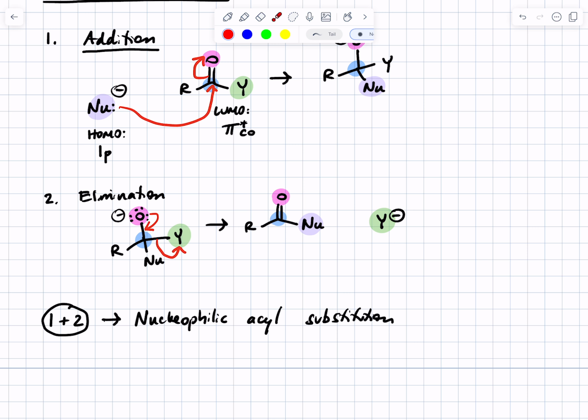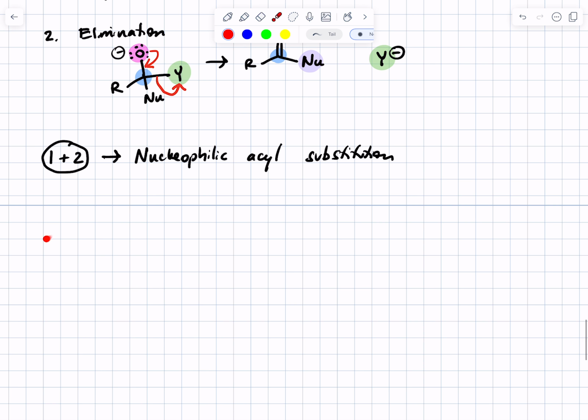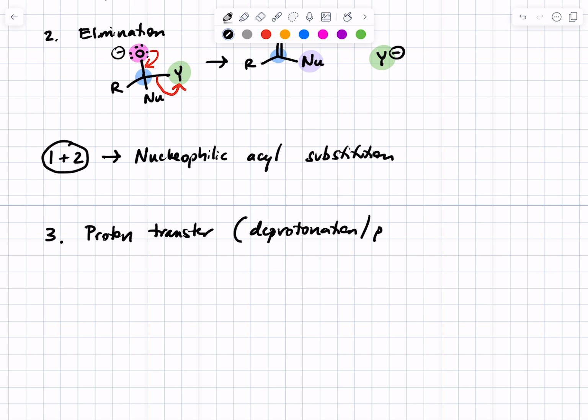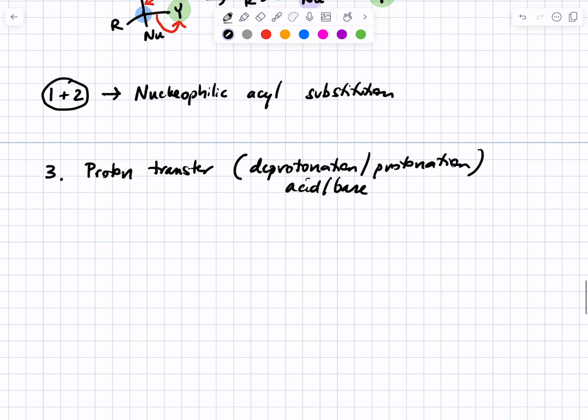A third really important mechanistic step is called, I will just call proton transfer. This can either be deprotonation or, I suppose, protonation of something. I mean, you can't protonate one thing without deprotonating another. I mean acid-base chemistry. So let me give you some simple examples of acid-base chemistry.